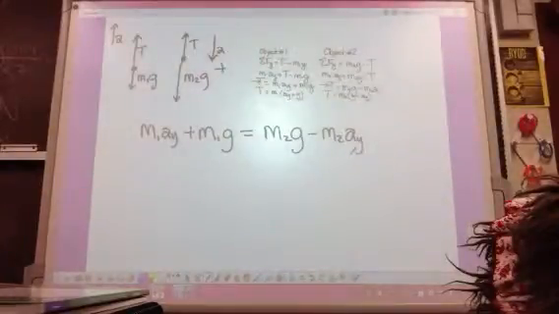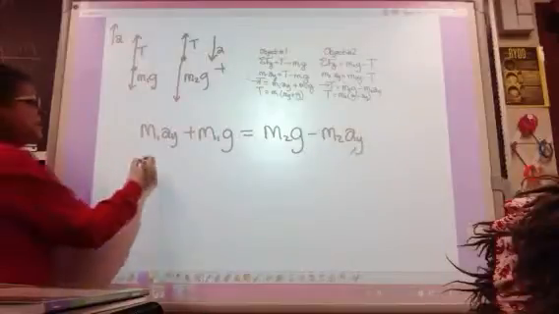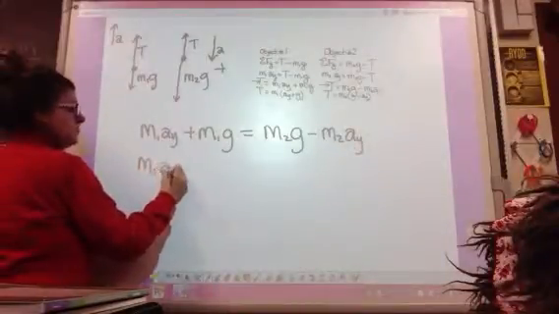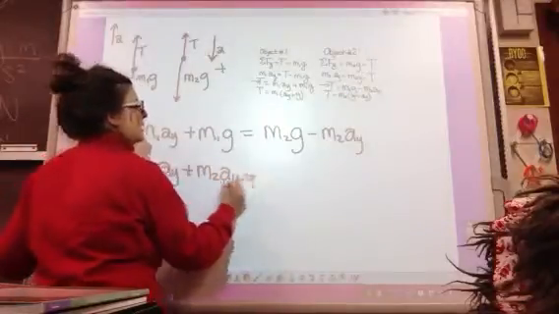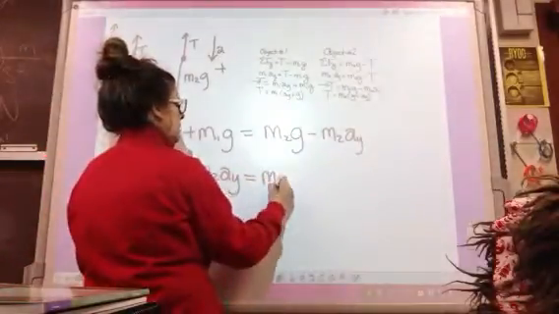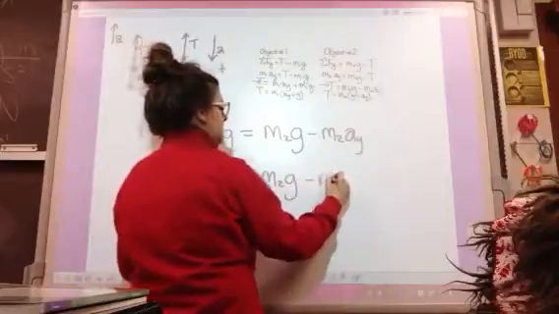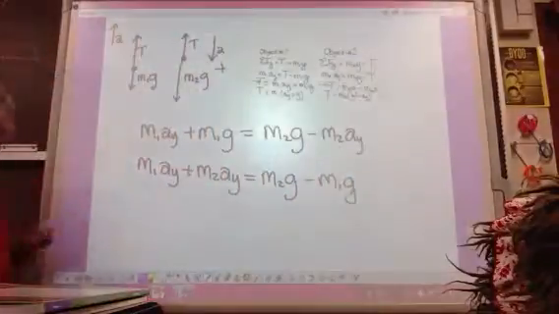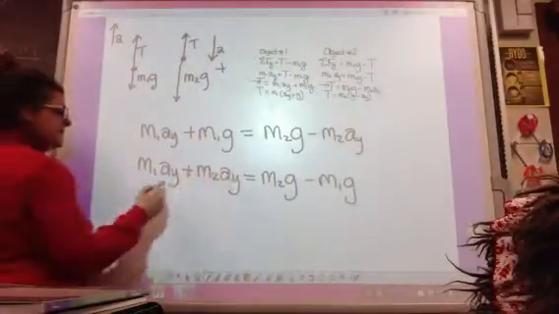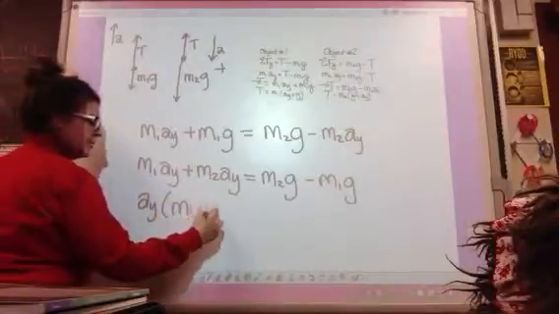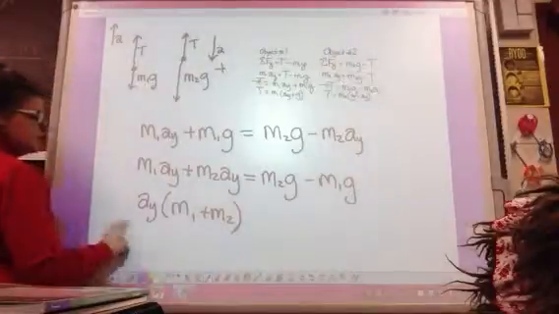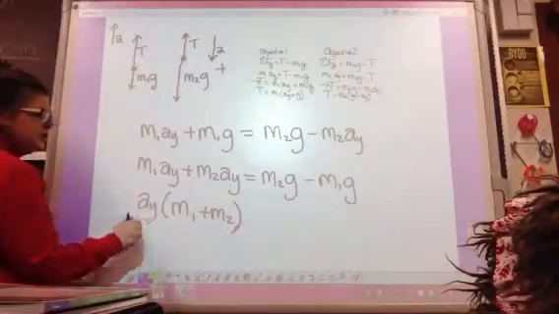I want just acceleration in the y direction, so I want to get those terms on the same side. That would be m1 ay plus m2 ay equals m2g minus m1g. This is the same thing as ay times m1 plus m2, so I can factor out the acceleration in the y direction.